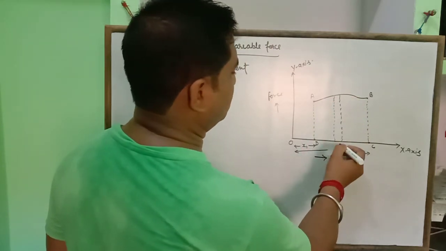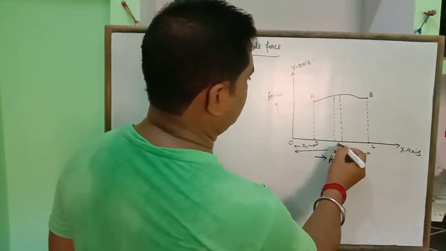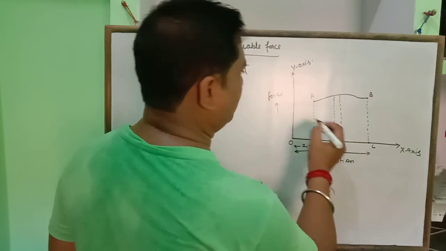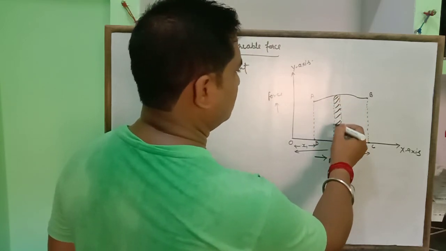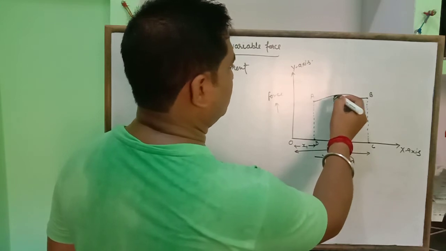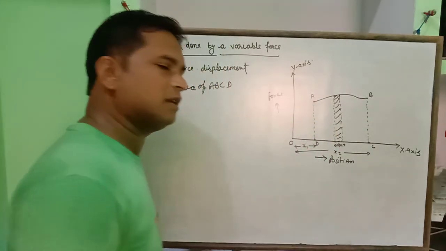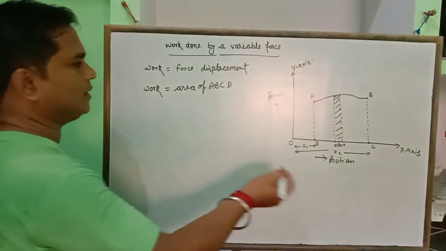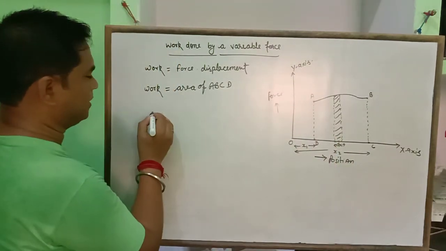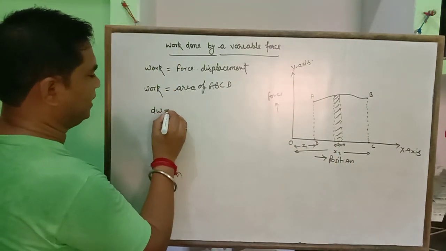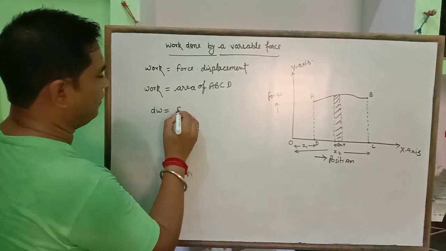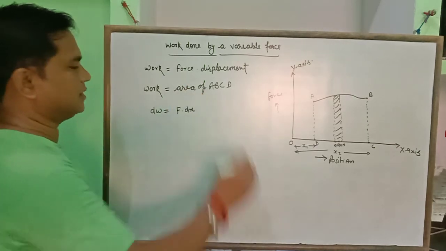This is the small region, so this is the displacement dx, and the force is changed from this to this. So the work done for this small displacement we can write dW is equal to F dot dx.